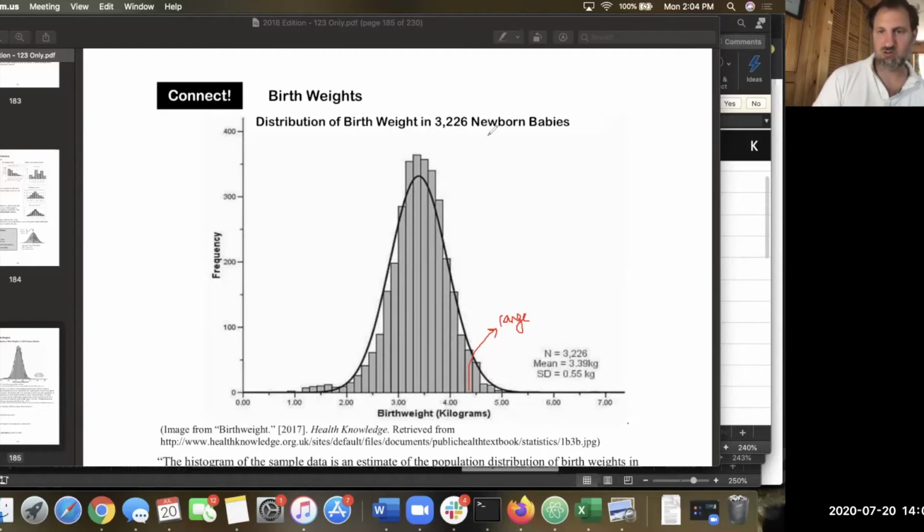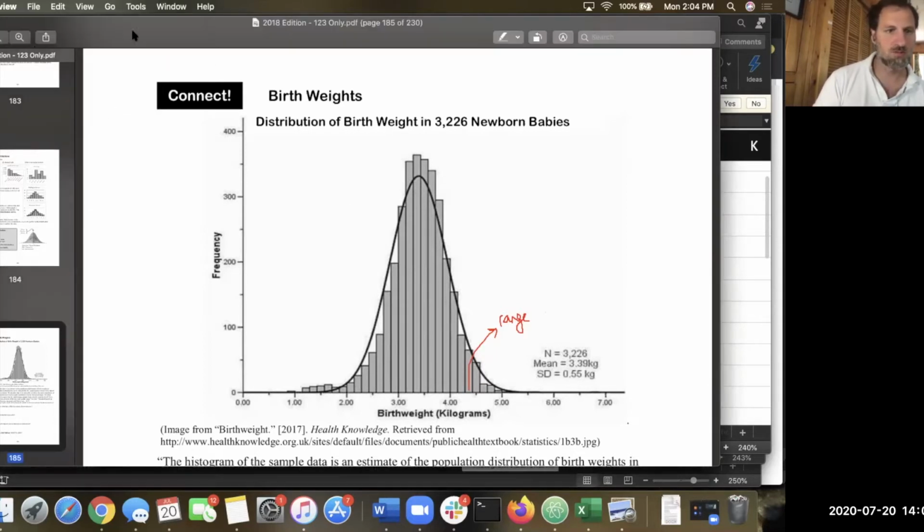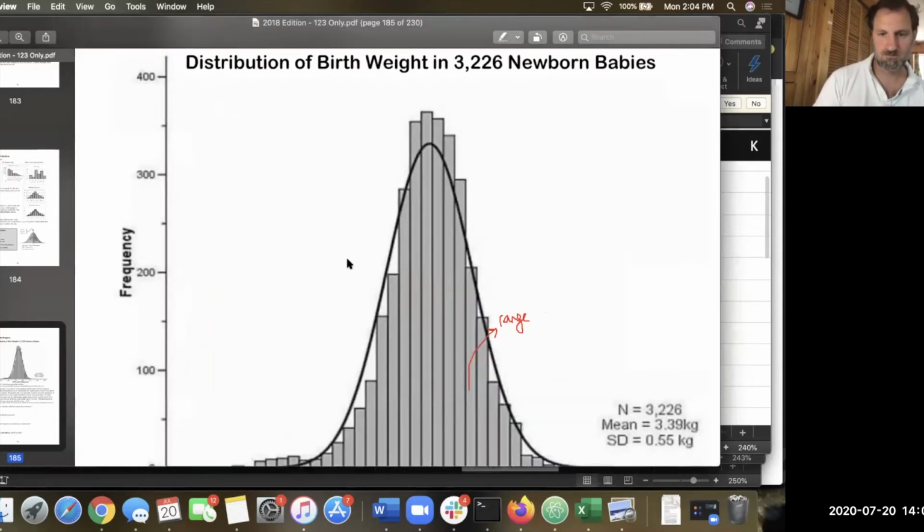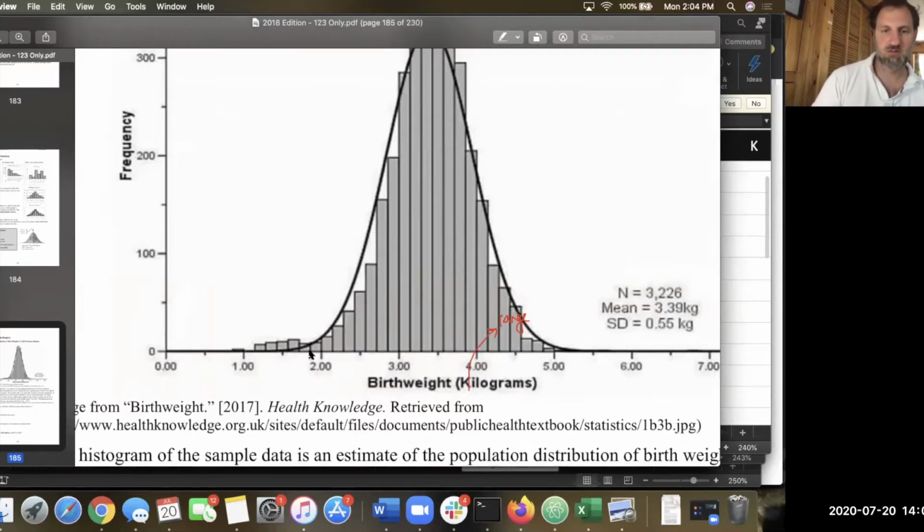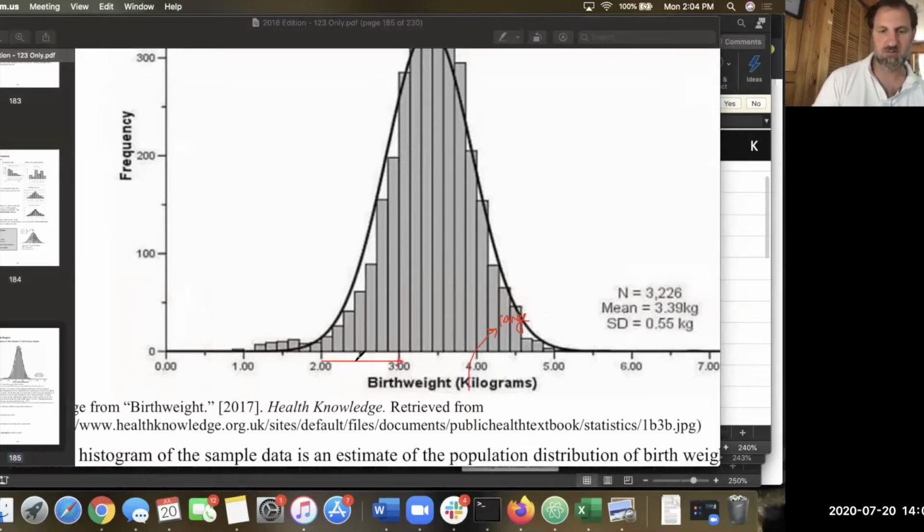So the first question I have is, let me try to zoom in here. How many bars are there between, say, 2 kilograms and 3 kilograms?